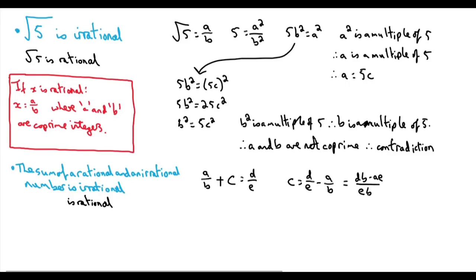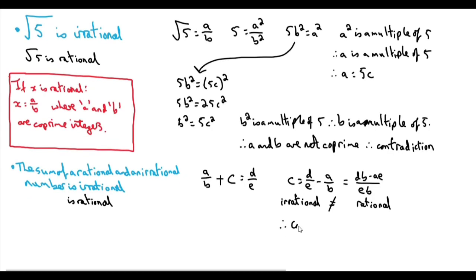Integers divided by integers, and we can see here this is not going to share a factor with this because there's no common letter that you can cancel everything through by. They are co-prime integers. That makes this here rational, but we've already determined that this c is irrational. So what this gives us here is that irrational equals rational, which can't happen. Therefore, we have our contradiction.